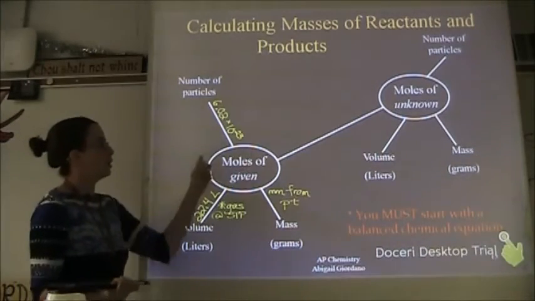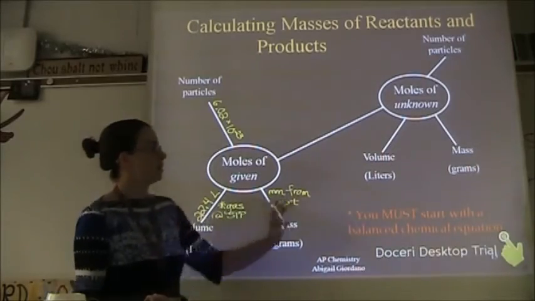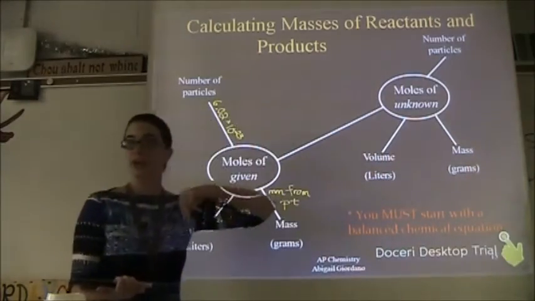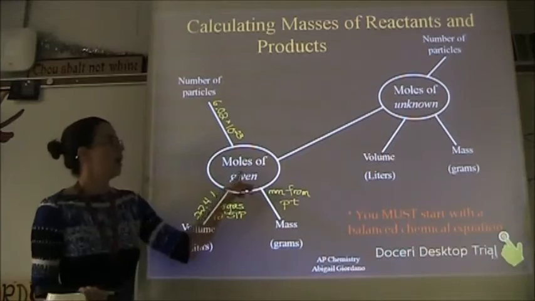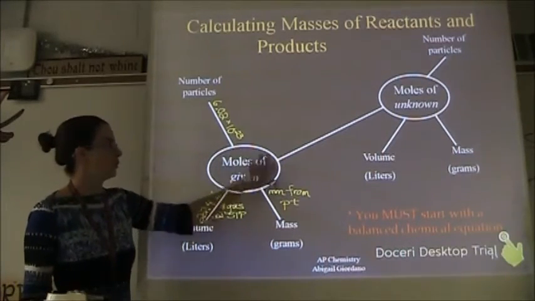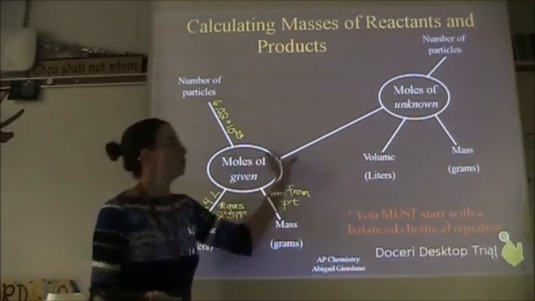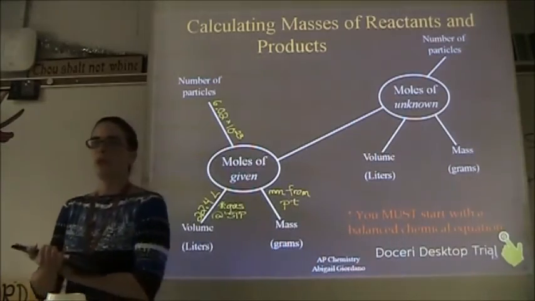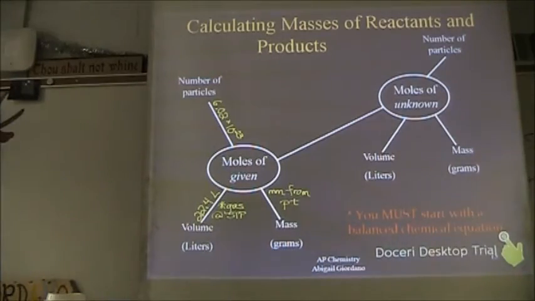Okay, I'm not going to copy it over, but you're going to use the same conversion factors on the other side as well. How do you go from moles of one part of your reaction to moles of another? What do you use to get back and forth? Yeah. The ratio of the coefficients.